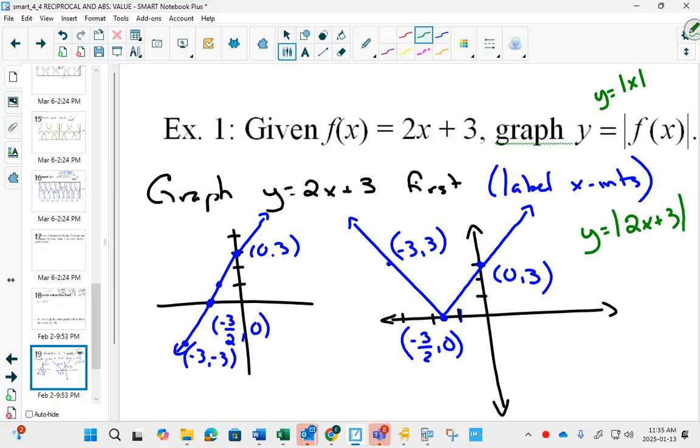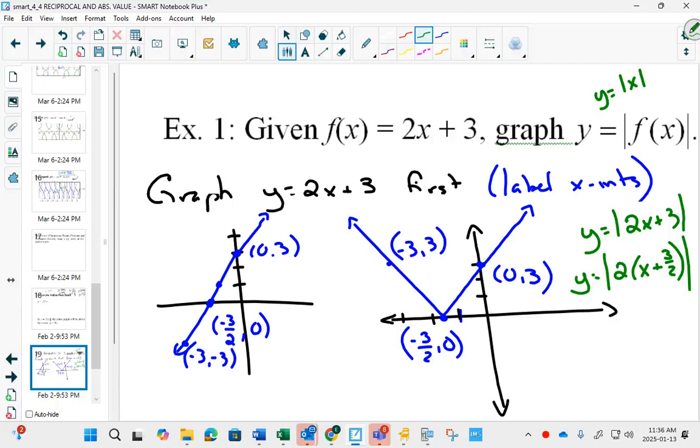Because do you remember that when you have a horizontal compression and translation, it has to be in factored form? So you have to factor out the 2, giving you x plus 3 over 2. What would this do? Horizontal compression by a half. And then shifted 3 over 2 to the left. You see that we have the shift of 3 over 2 to the left? You'd have to do a little bit of work to do the compression.